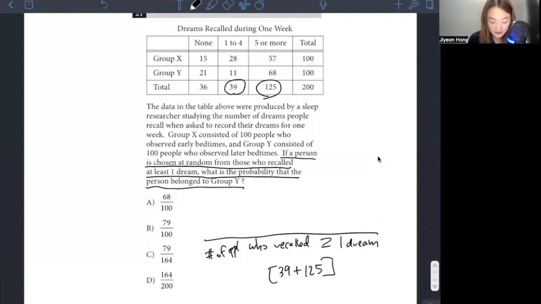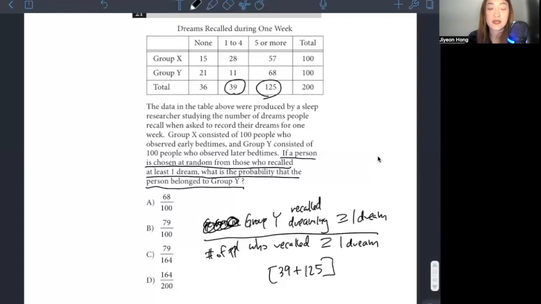So it's going to be the number of people in group Y that dreamt or recalled greater than or equal to one dream, right?